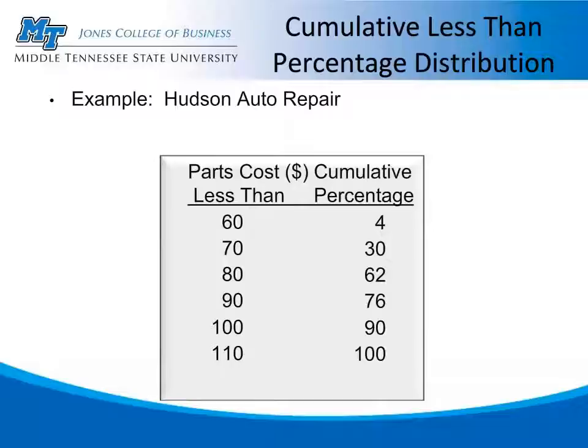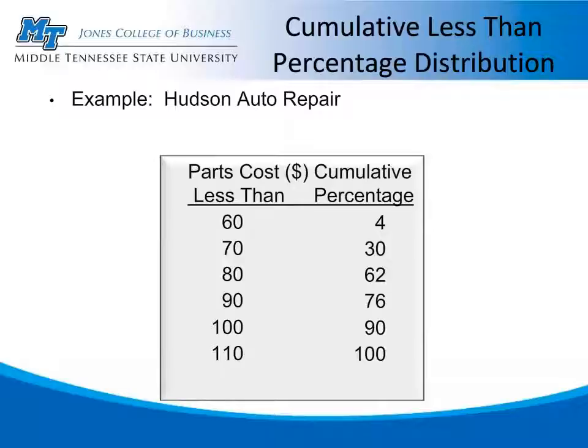Now if you take this information and present it in a graphical form, it's referred to as an ogive. Ordinarily you'll see an ogive tied in to the horizontal axis, but you need a zero value for that. So the widths between the numbers here, between 60 and 70 and 70 to 80 and so forth, are 10.